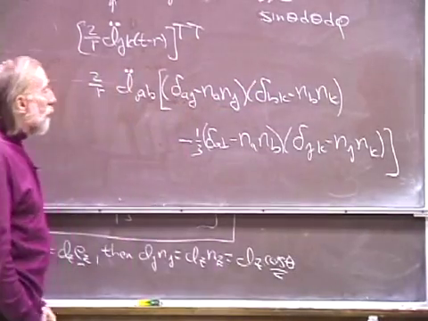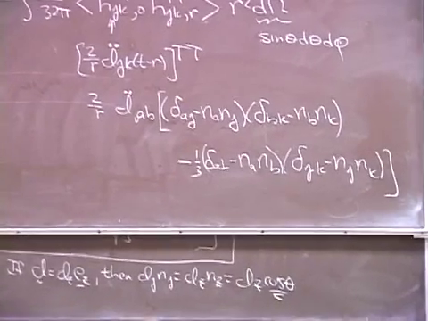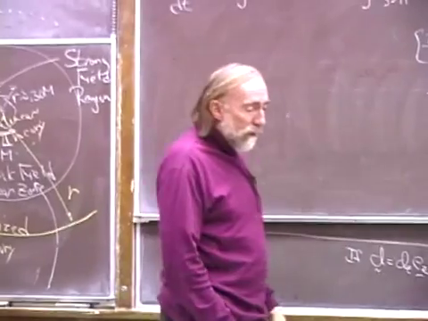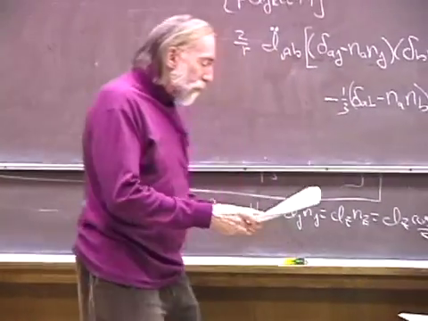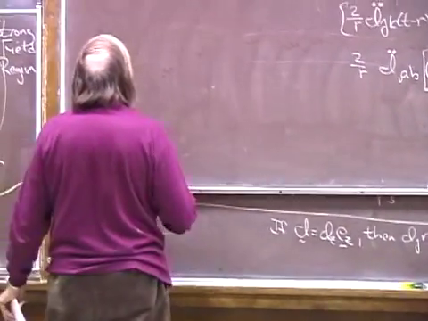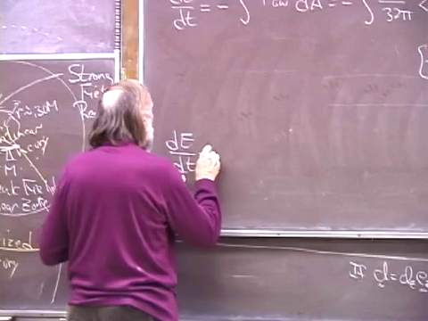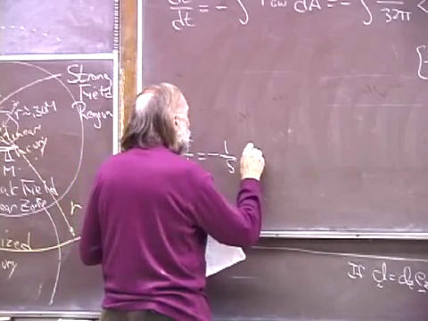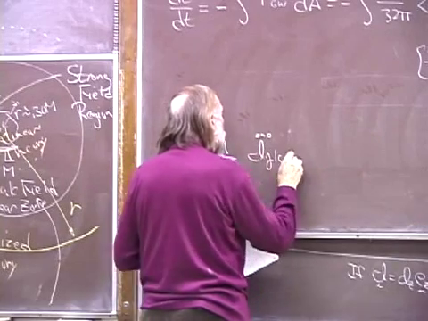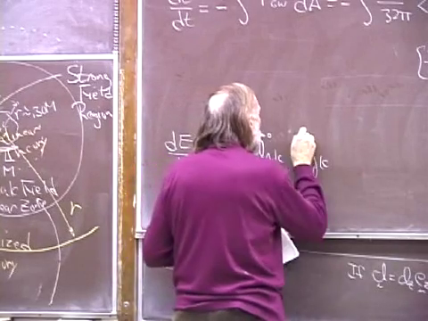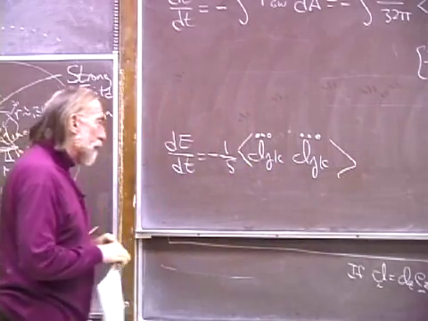I'll give you some reading where the tricks for doing this, staying strictly in Cartesian coordinates, are spelled out. But the bottom line after you do this computation is very simple: the energy loss rate is equal to minus 1/5 times the sum over ijk of the mass quadrupole moment with 3 time derivatives on it, squared, and let's average over a few oscillation periods.